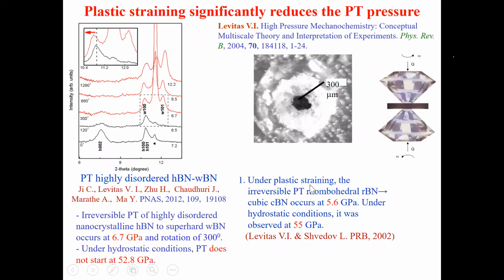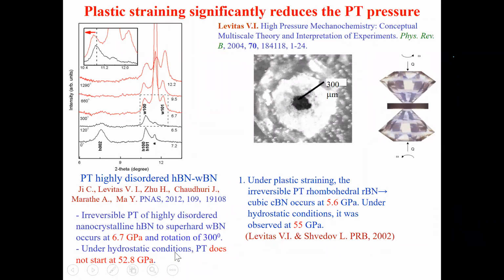Well, there are various phenomena caused by plastic shear, but I will focus on two of them. First, plastic straining significantly reduces phase transformation pressure. For example, in this experiment, hexagonal boron nitride, highly disordered, was transformed to wurtzitic boron nitride at 6.7 GPa and rotation of 300 degrees.